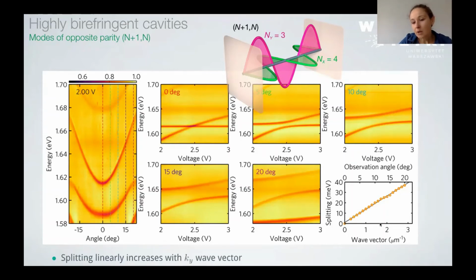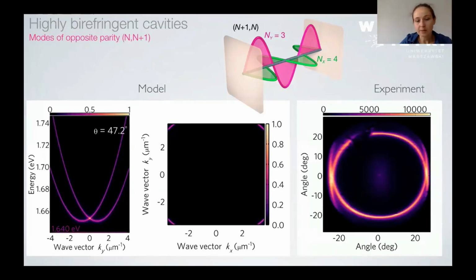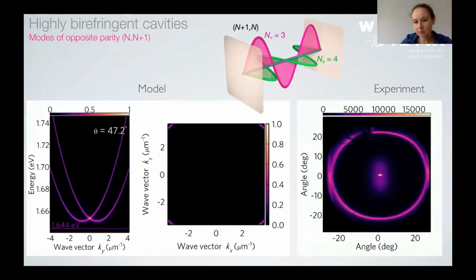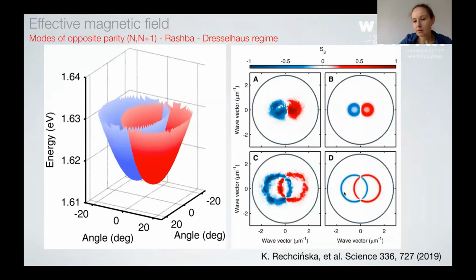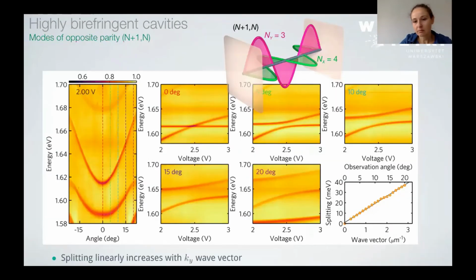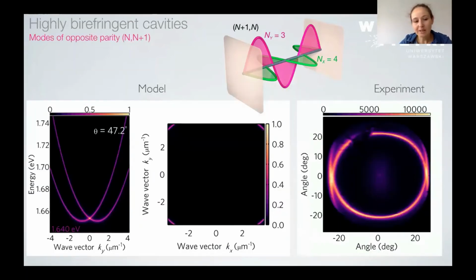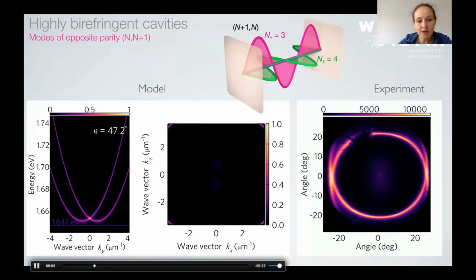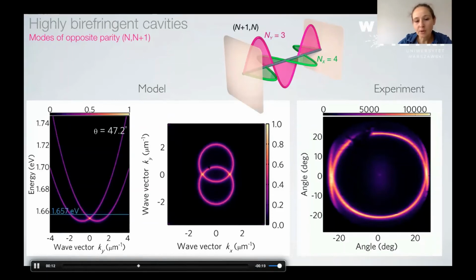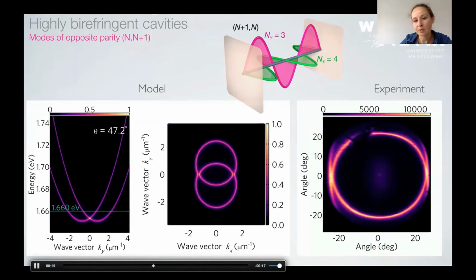So we have the linear splitting between the modes, and then when you make the cross section between the modes, we see that we have the two parabolas and the two rings that approach, and the modes start to overlap and touch at these points, and they have two circularly polarized modes.